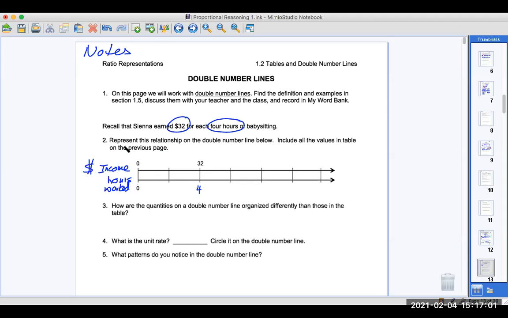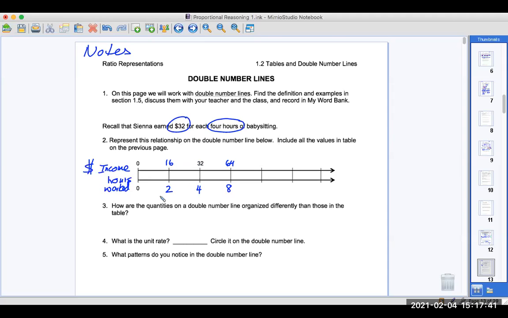Okay, so now what does it ask here? Represent this relationship on the double number line. Include all the values in the table on the previous page. So I'm going back to my table and I'm looking. I got 32 and 4, and then comes 64. Well, 32 and 64, this is double, so I got to double that. And then I'm going back to my previous page. I also have 8 and 16, but since this is half, I'm going to use 16 because 16 is half of 32. 2 is half of 4.